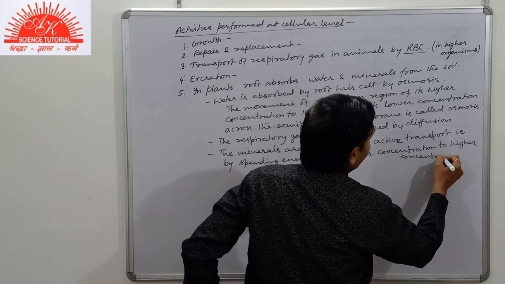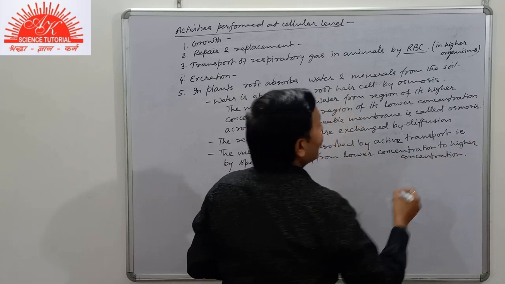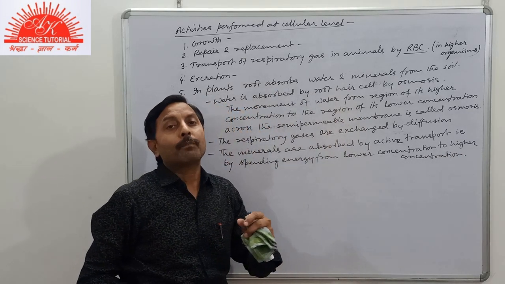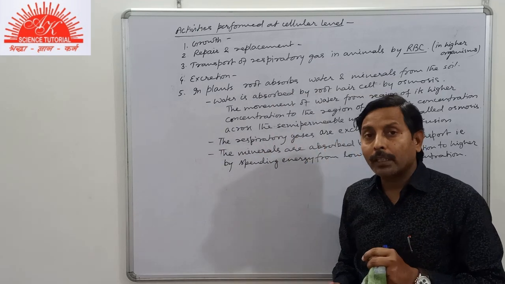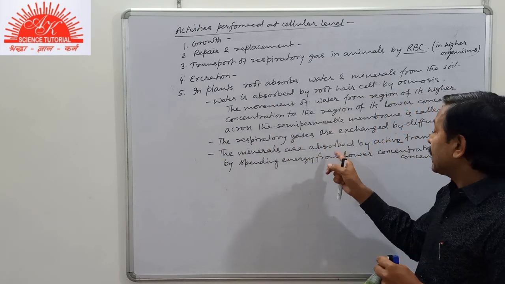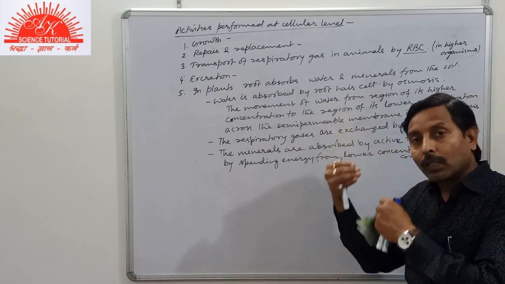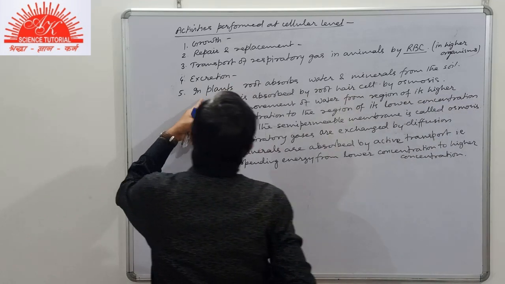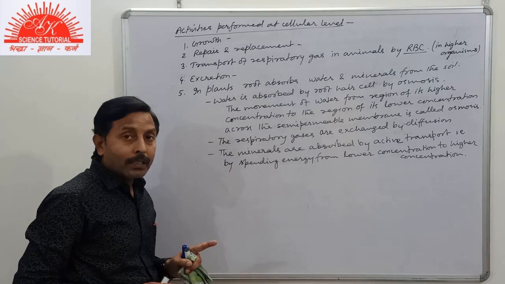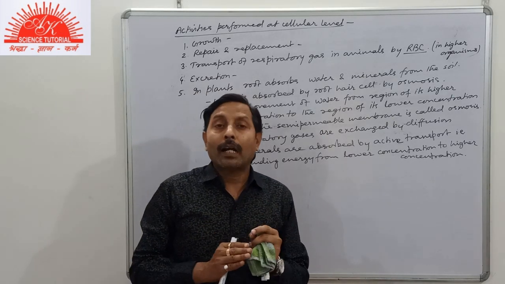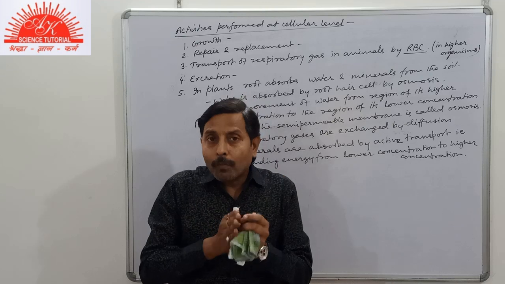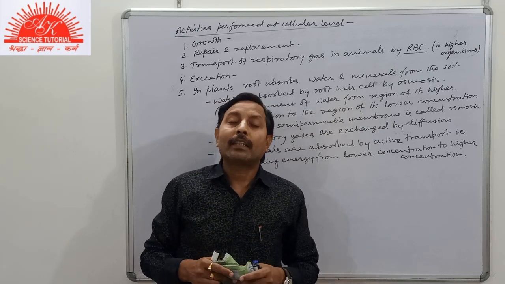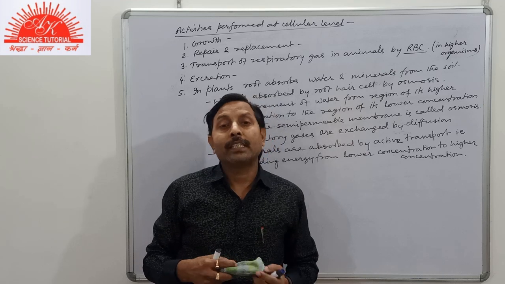In soil water the mineral is in lower concentration, whereas inside the cell sap minerals are in higher concentration. Still it is absorbed from soil to the cell across the semi-permeable membrane. So in plants these changes take place. Again, in plants the opening and closing of stomata is regulated by the guard cells due to change in its shape.